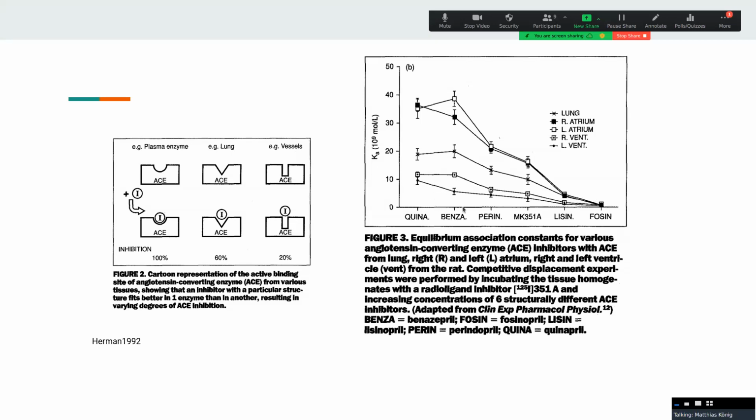You can see this is very different for these different substances, and also for the different ACE subtypes, like in the lung, right atrium, left atrium, and so on. So you have different effects on the different ACE variants in different tissues, but also a different effect depending on the drug. They are structurally a bit different, and depending on that they have different affinities to the enzymes and basically different dose-response curves.